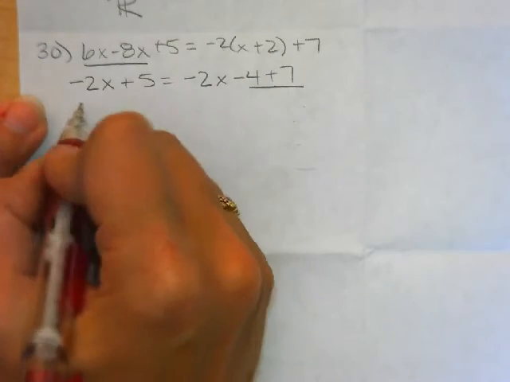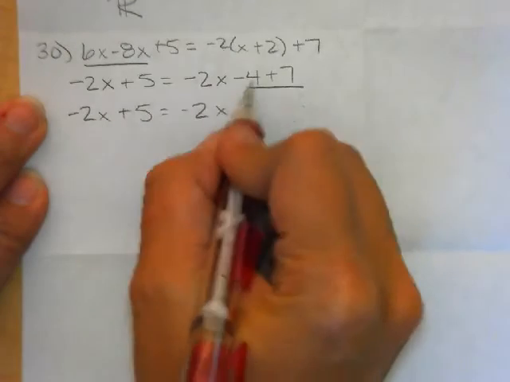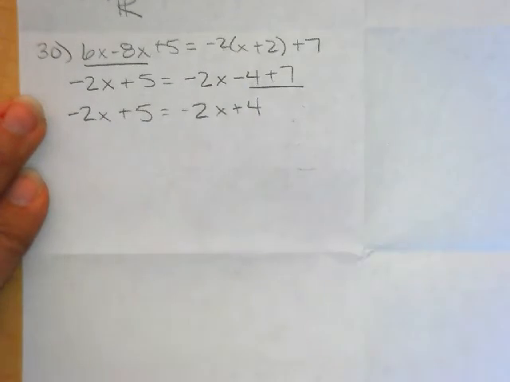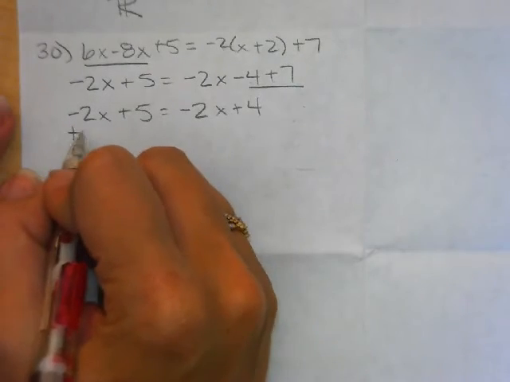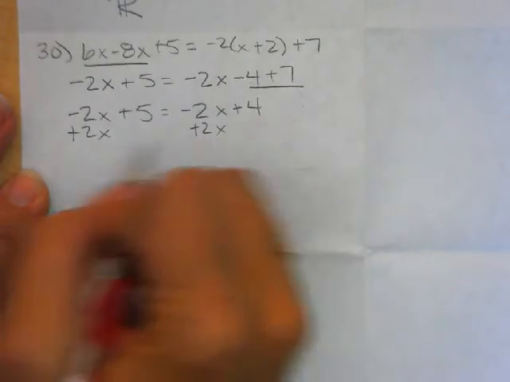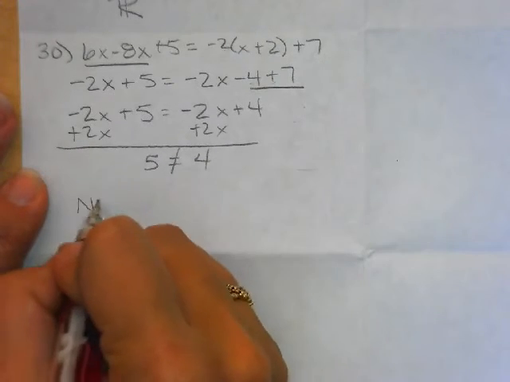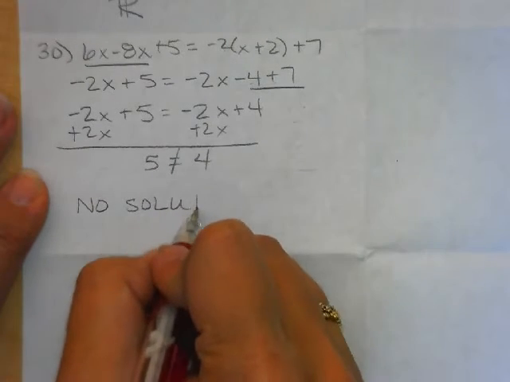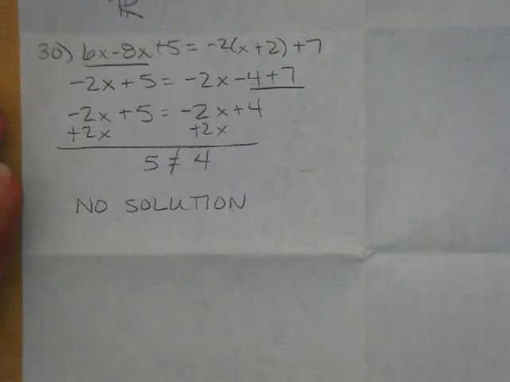I can collect like terms on the right-hand side as well. Negative 2x plus 4. Okay, so now that I can move my variables to one side, they do happen to be the same. 5 equals 4, not on our planet. This is going to be a no solution kind of answer. Okay, so hopefully you're feeling pretty good about that.